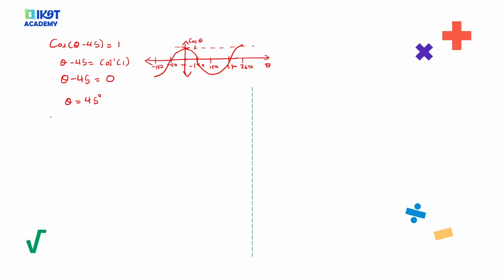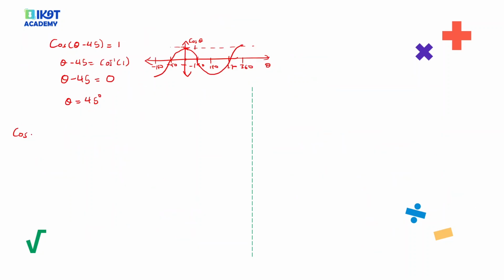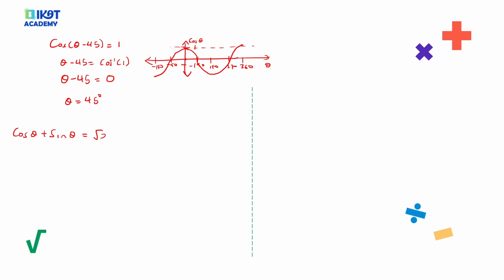Then we also come and record our equation because the question also asks us to find the minimum values. So come and record this. We said cos theta plus sine theta is equal to root 2 cos theta minus 45. So now the minimum of cos theta plus sine theta is going to be equal to the minimum of this.